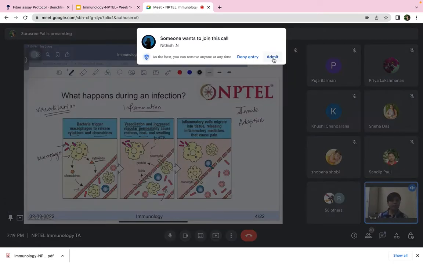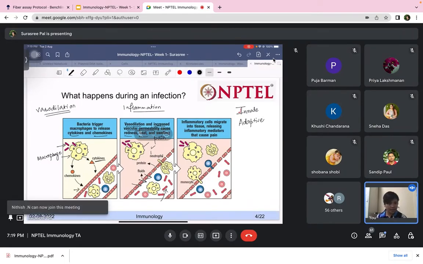So they will produce these chemokines and cytokines, and they will call in more and more immune cells, which are neutrophils and dendritic cells and these cells. And when they come, it will cause inflammation, and so it causes redness, heat, swelling and pain.